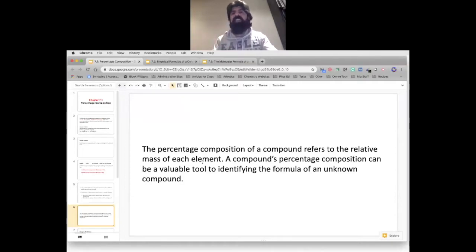Okay, so in forensic science, using mass spectrometry, they can find the percent compositions of these elements and be like, hey, this compound contains, I don't know, let's say 62% carbon. It contains 12.7% hydrogen, and it contains whatever remaining.